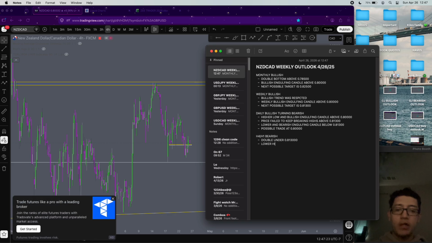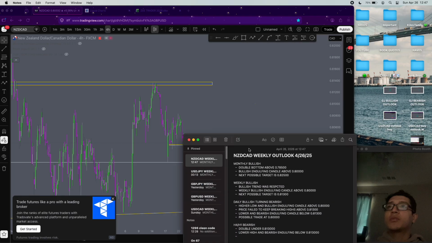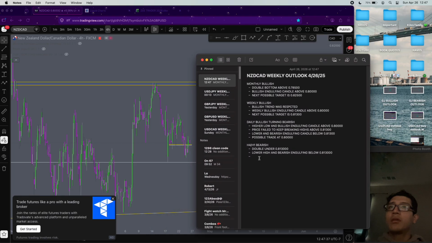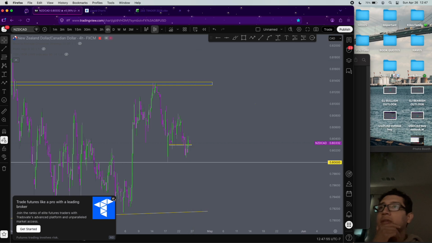We have a lower high and a bearish engulfing candle below 0.81300. And the next possible target is 0.80. So at 0.80, we could be looking for a trade. We just have to wait for the price to get to either zones.